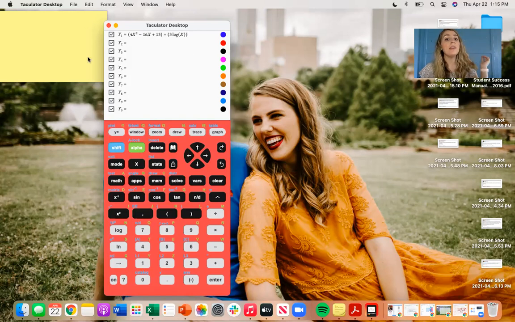Okay, so I have my big thick equation here, but I'm just going to press this button that says graph.